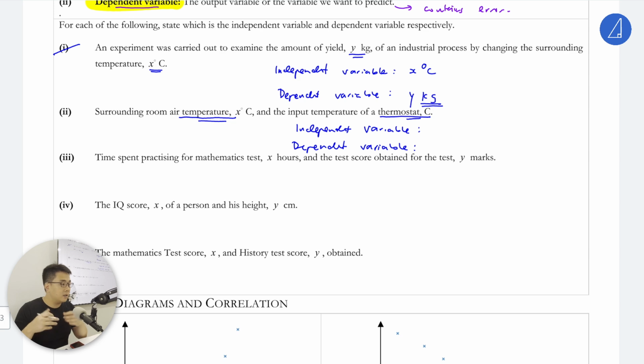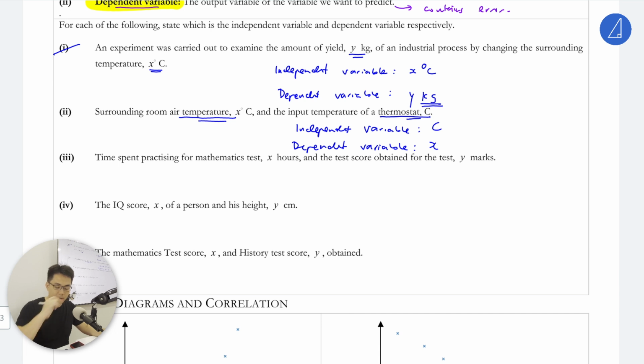The room surrounding temperature will not be exactly 24 degrees Celsius. It will be somewhat around that range, but not really. But what you can control is the amount on the remote control. Then after that, the surrounding room temperature will be x degrees Celsius.